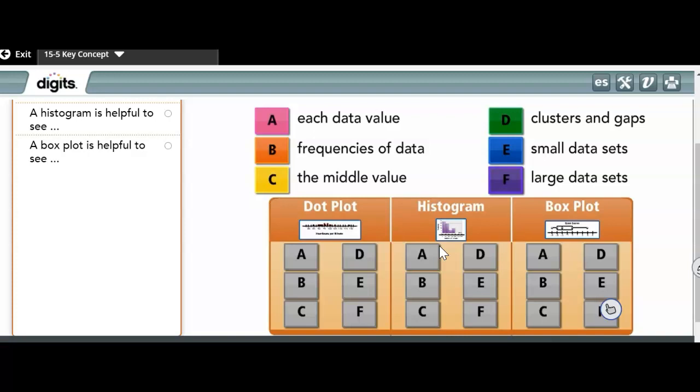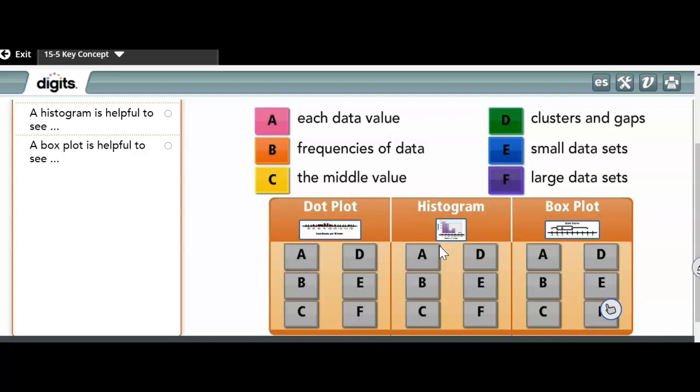What I want you to do in your notebook is to write dot plot, histogram, and box plot. Under those 3, I want you to identify A, B, C, D, E, or F, or multiple, that will go with that graph.